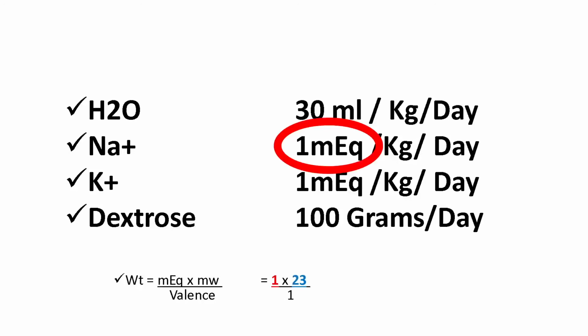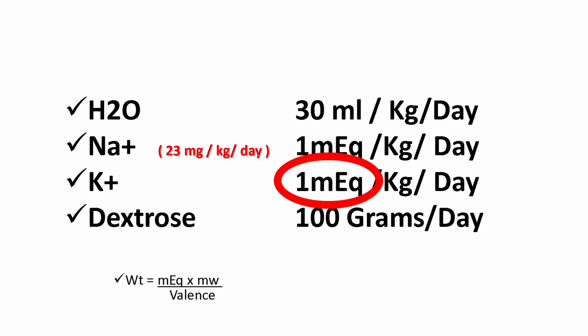So we replace those values. The milliequivalent is 1 multiplied by the atomic weight of sodium, 23, divided by the valence. And we can say now that sodium requirement is 23 milligrams per kg per day.